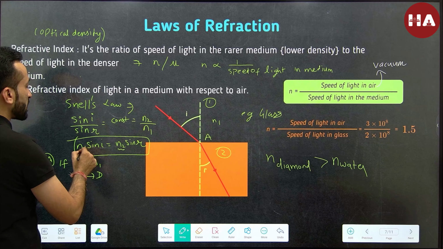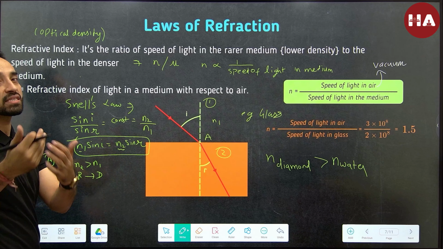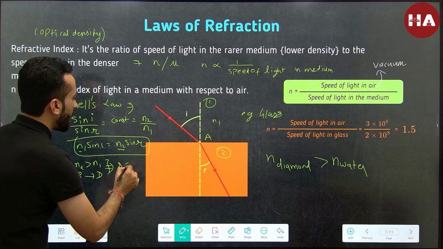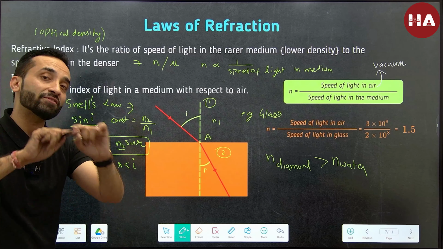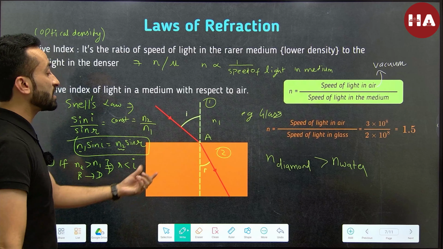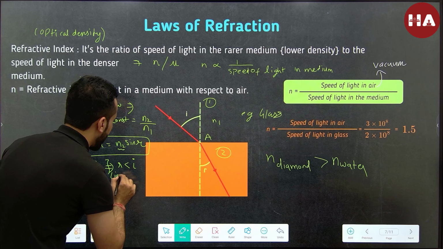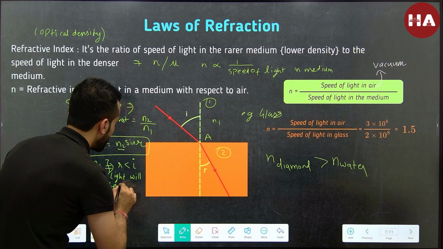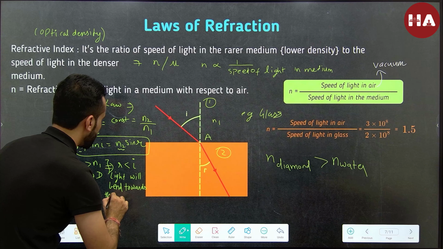If this is more than this, then this has to be less than this because the product is the same. You can do this much math. So this implies R is going to be less than I. So we have used this so far but never derived it. Now you can understand R is less than I means light will bend towards the normal.